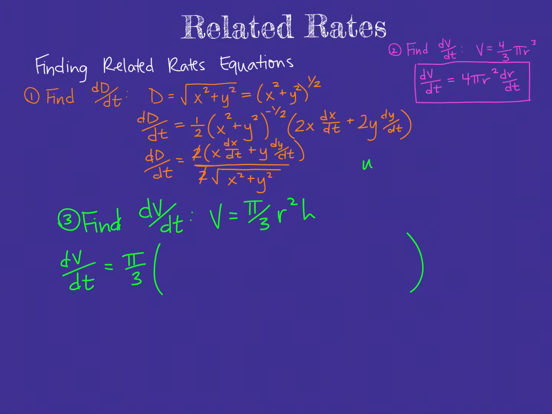So off to the side, if you prefer to write that out, our u would be r squared and our v would be h. du, or u prime, you can write it either way. U prime with respect to t would be 2r dr/dt, and v prime, or dv/dt, would be the derivative of h with respect to time, which is just 1 times dh/dt.